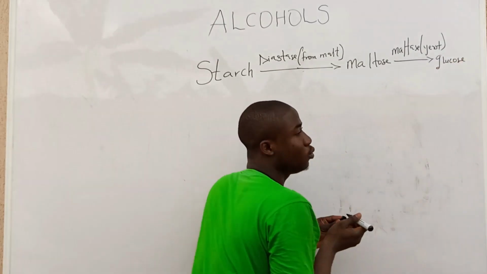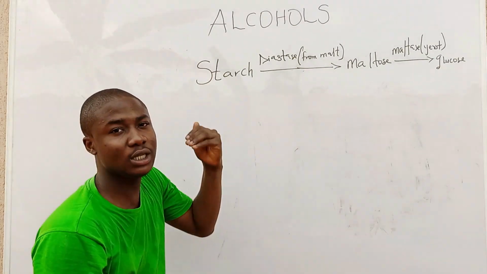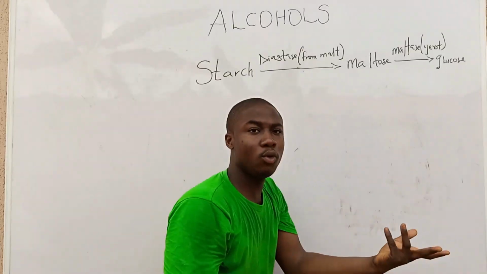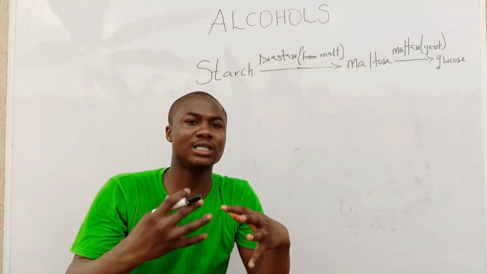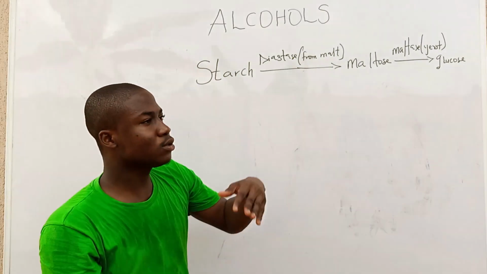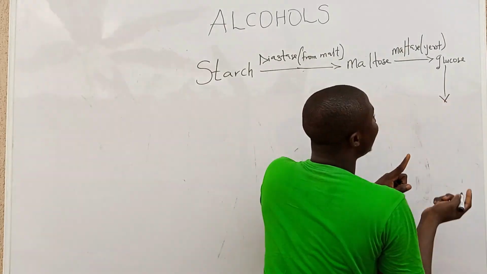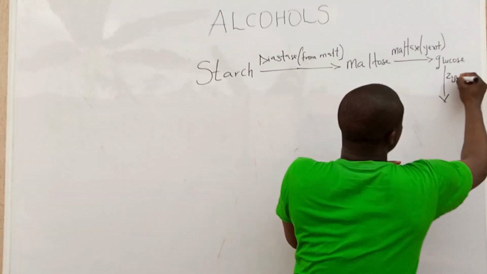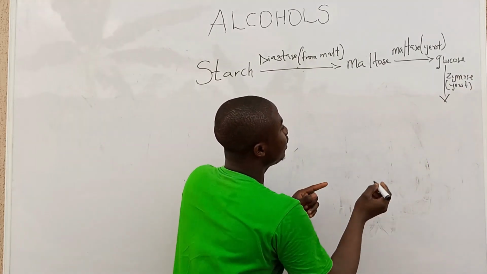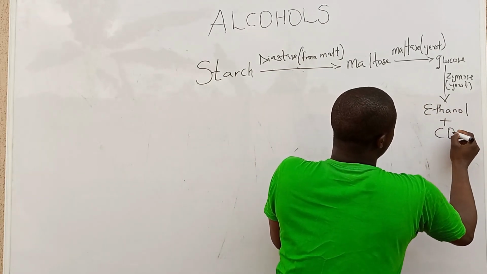You can see here starch is a polysaccharide, maltose is a disaccharide, and glucose is a monosaccharide, because in fermentation you are breaking down, through microbial decomposition, large molecules like starch to form smaller molecules like ethanol. Now glucose will be acted on by an enzyme called zymase, which is gotten from yeast, to give us ethanol plus carbon dioxide.